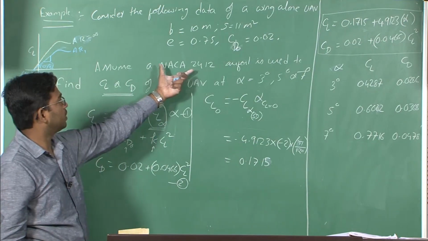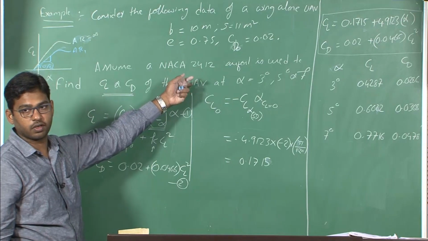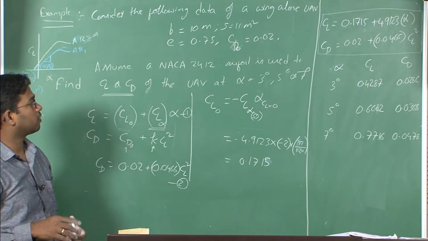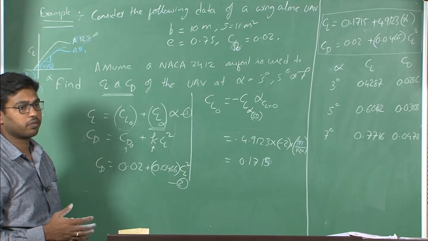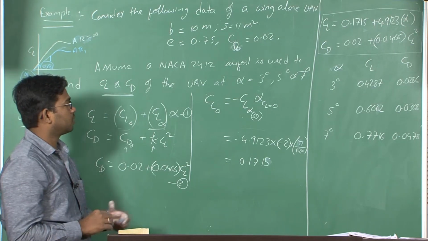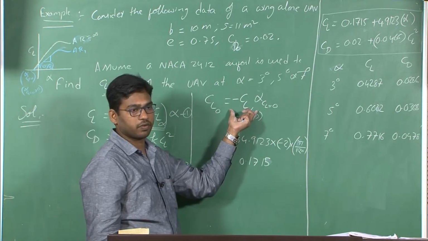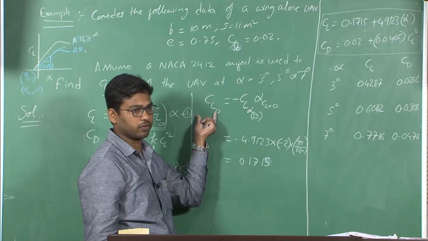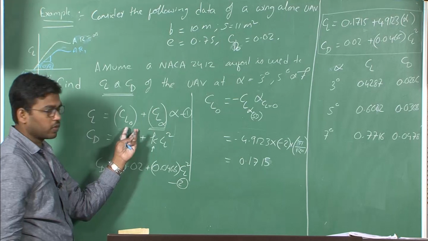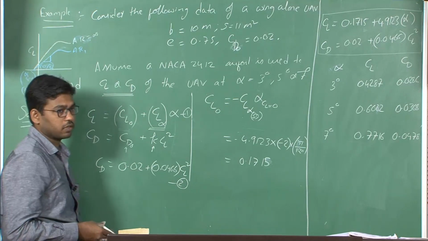It is given that this wing is made out of NACA 2412 aerofoil, right. From this aerofoil data we figured out the CL alpha of this aerofoil and the alpha at which CL is equal to 0. Using those two we found the CL naught of the wing. Initially we figured out the CL alpha of this wing and then the CL naught of this wing. Substituting those two parameters in this equation, we are able to find the corresponding CL and CD at different angles of attack.